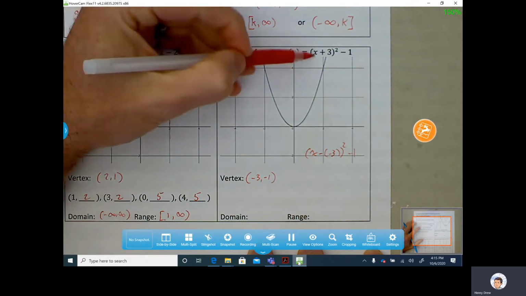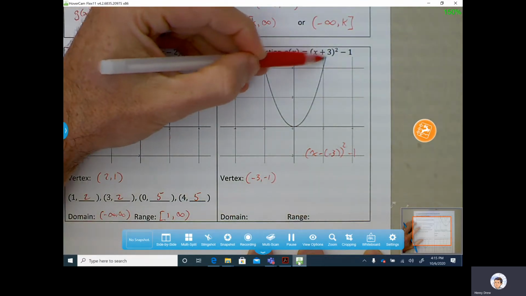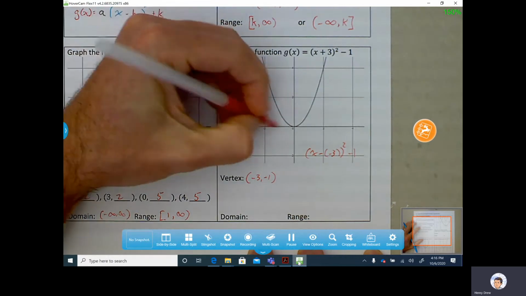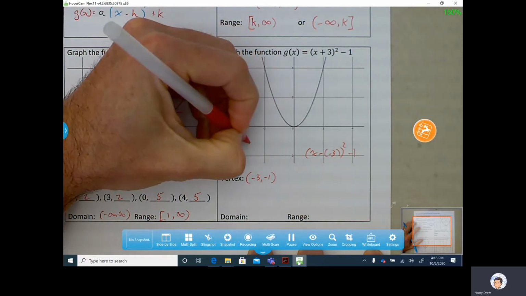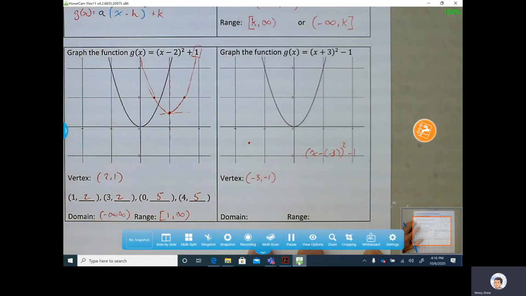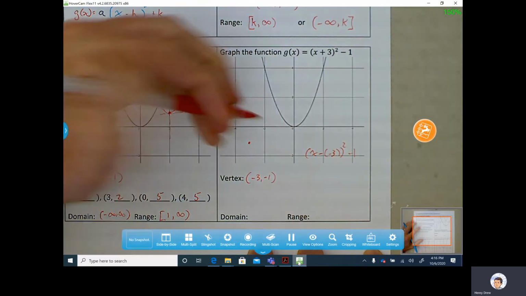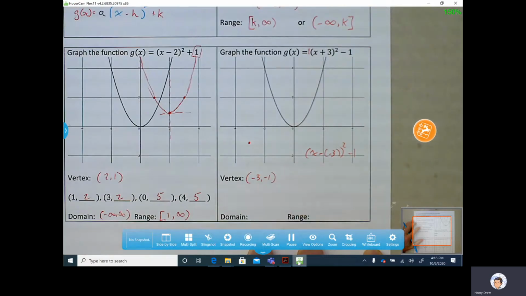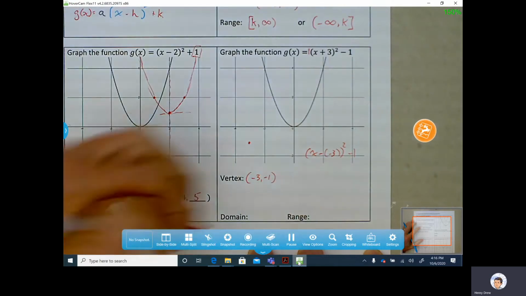You can check to see if we plug in a negative 3, we're going to come up with 0, 0 squared, and minus 1. So at negative 3, negative 1, we're going to have our graph, our vertex, and we're going to still orient ourselves upward. We have an amplitude of a positive 1.